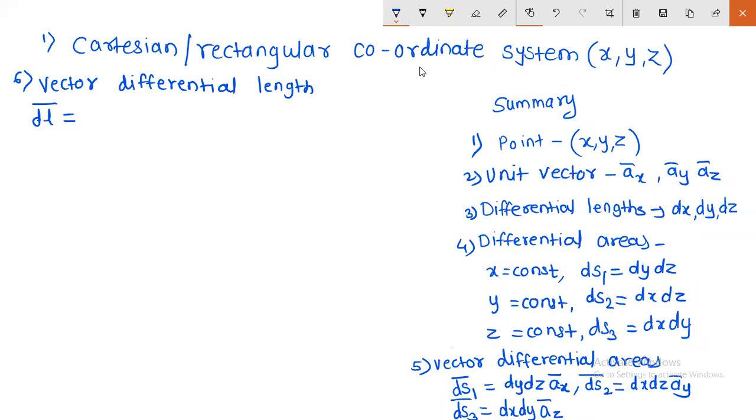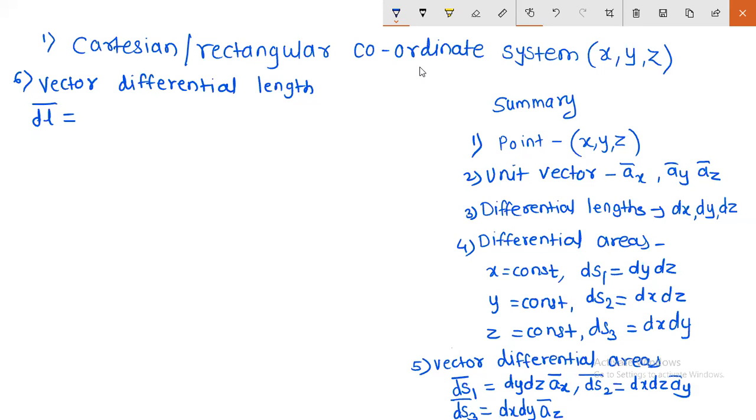Yesterday only we derived the equation for the differential length dl bar, right? In the last lecture we considered 2 points. p dash has coordinates x plus dx, y plus dy, and z plus dz, and p has coordinates x, y, and z.